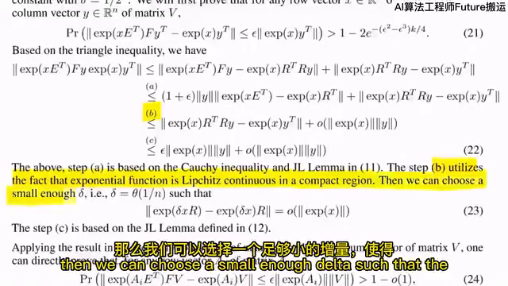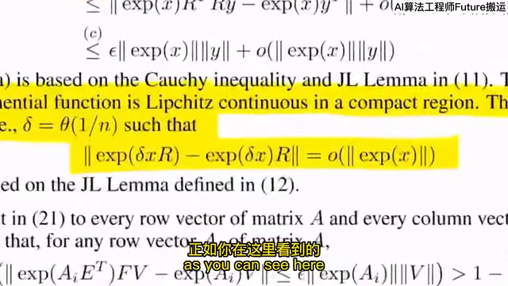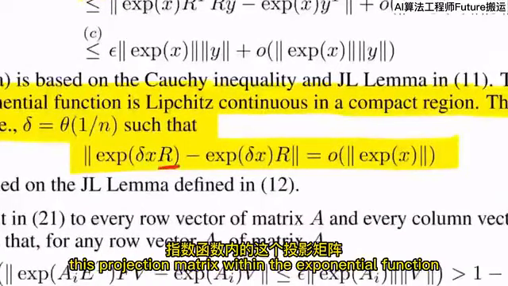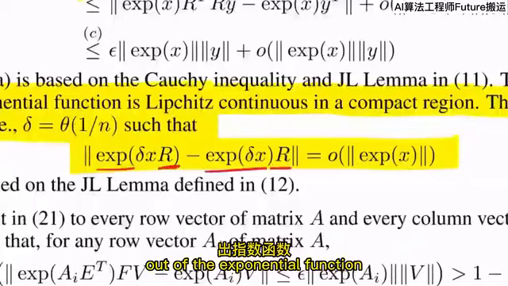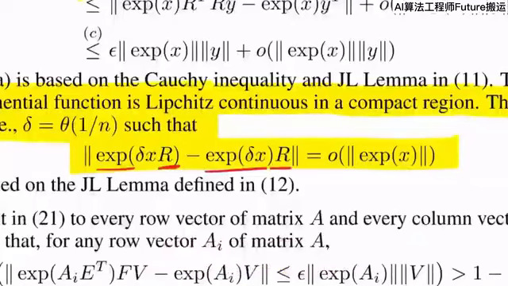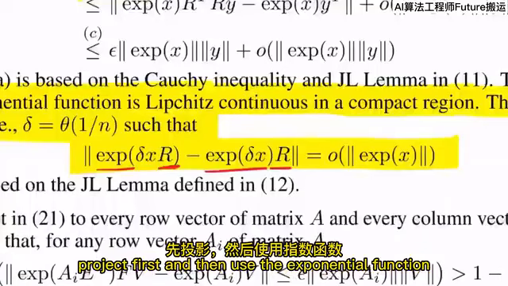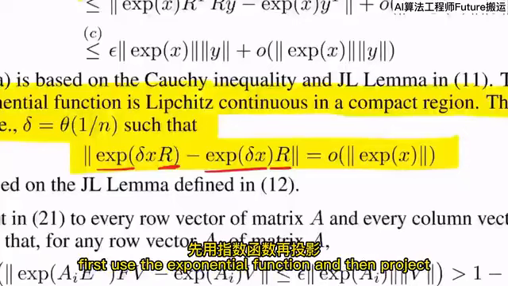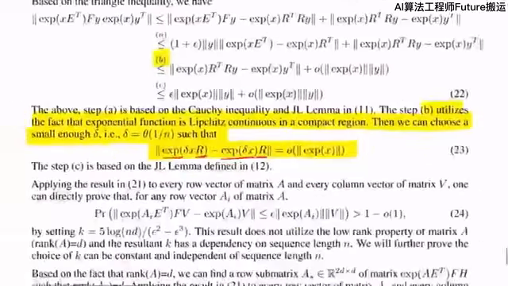Then we can choose a small enough delta such that as you can see here, this now directly relates to this projection matrix within the exponential function to the projection matrix out of the exponential function. So you can basically say that if I project first and then use the exponential function, that's not too different than if I first use the exponential function and then project.